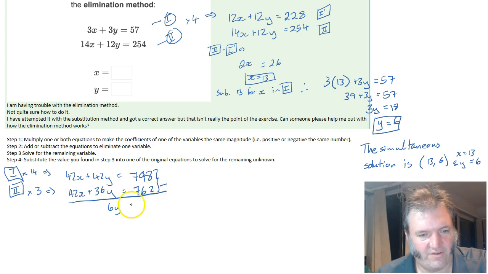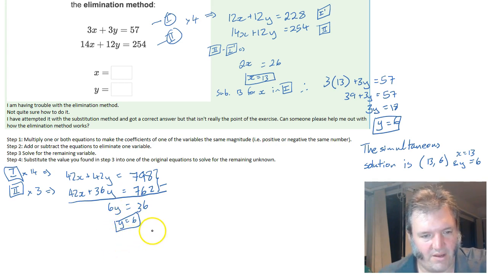Nice if you can put brackets around them just to show you doing the whole equations being subtracted. And here I've got 798 minus 762 is 36. Dividing by 6 gives me y equals 6. That's promising. That's what we had before.